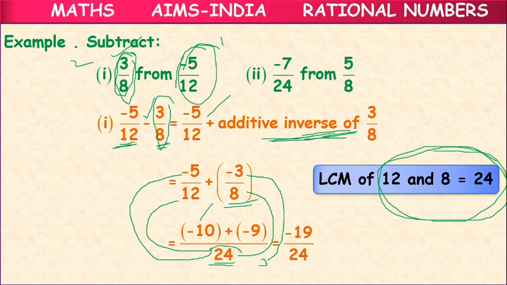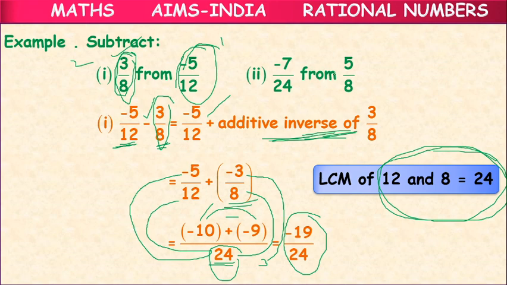Now we have only one denominator, so numerators we can add like normal integers. Minus 10, minus 9. How much? Minus 19 by 24. In this way, we can do subtraction of two rational numbers with the help of addition.